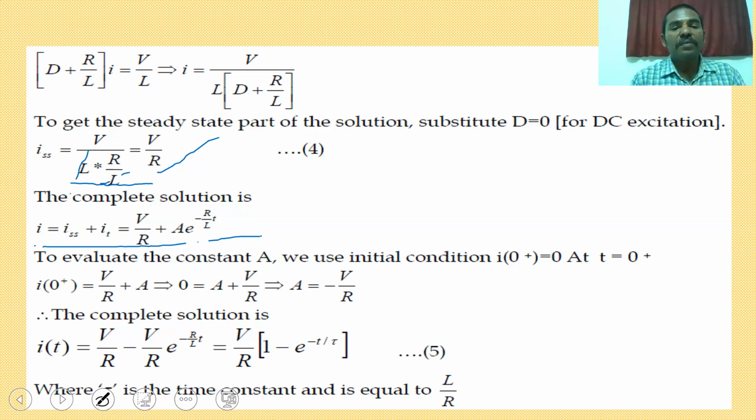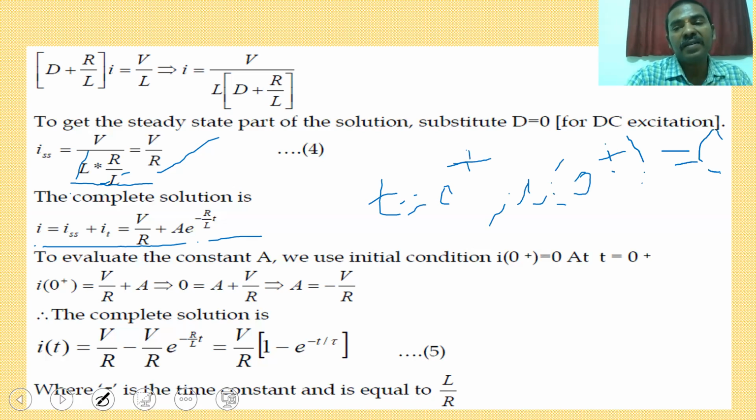Now for finding the value of A, I am substituting the t equal to 0 plus condition. Your i of 0 plus is 0 only.